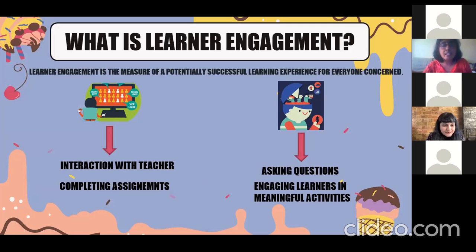Another way of finding out whether the learners are engaged is when we encourage the learners to go for self-assessment, self-improvement or self-evaluation. Most of the time, what we find is that learners are not engaged in self-assessment. They merely complete a task and hand it over to the teacher.